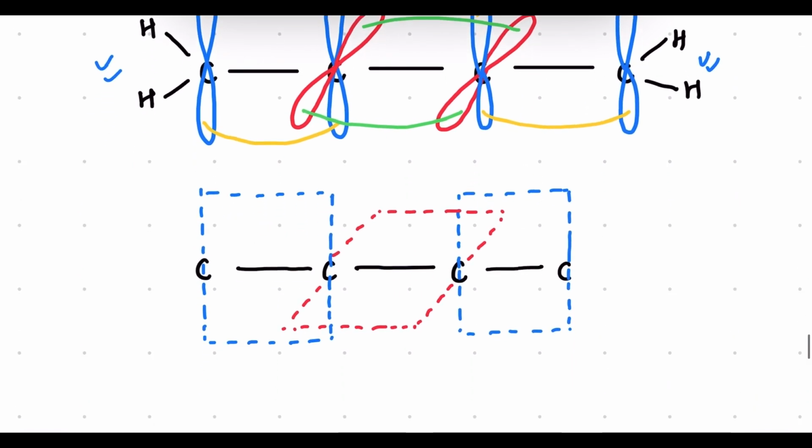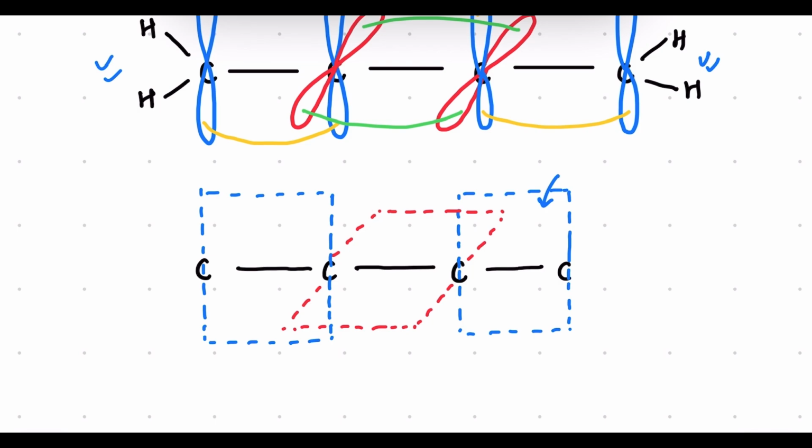So let's specify. If you take this blue plane, if the hydrogens are supposed to be in a plane which is perpendicular to this blue plane, that means the hydrogens have to be present in a plane which is parallel to this red plane.